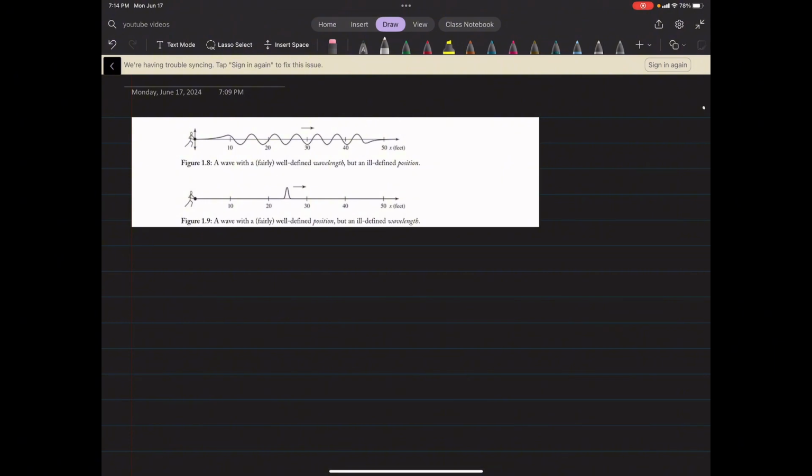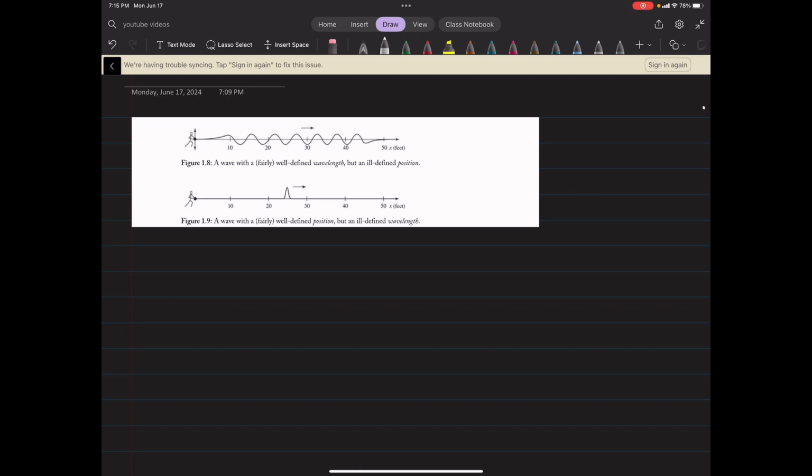So that's not a question that makes a whole lot of sense. But if you ask what is the wavelength of this wave, well, that's a lot easier because this is a repeating pattern. You can find where it repeats, and you can determine the wavelength. So that's not a huge deal.